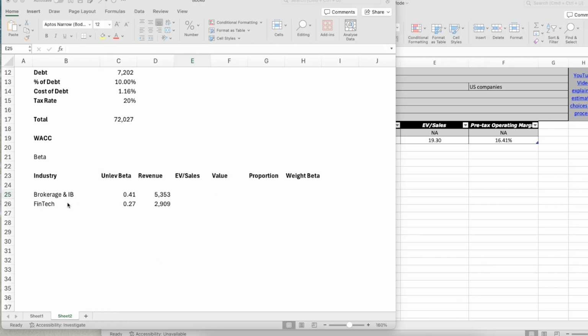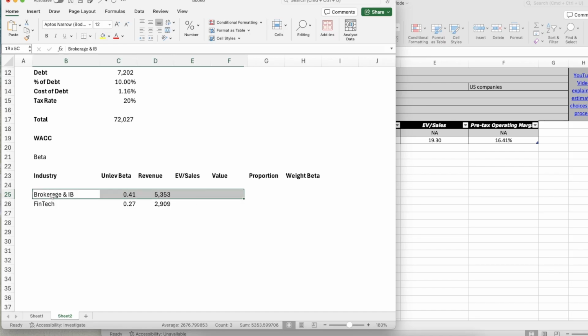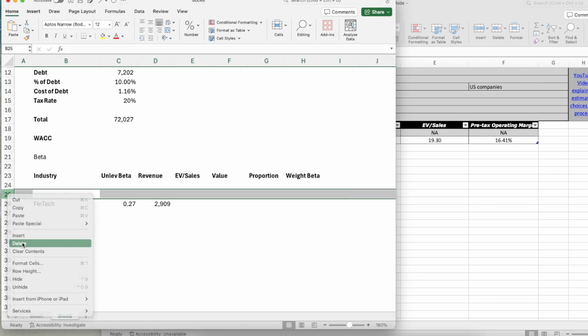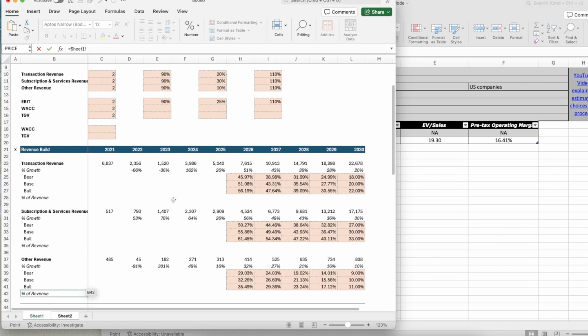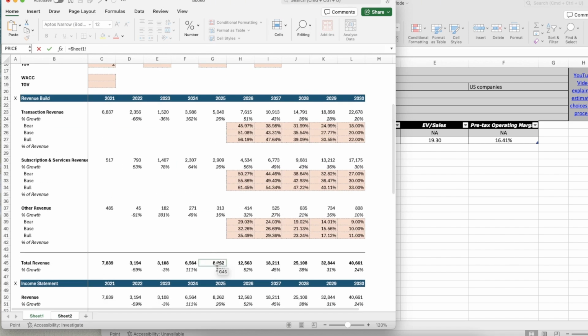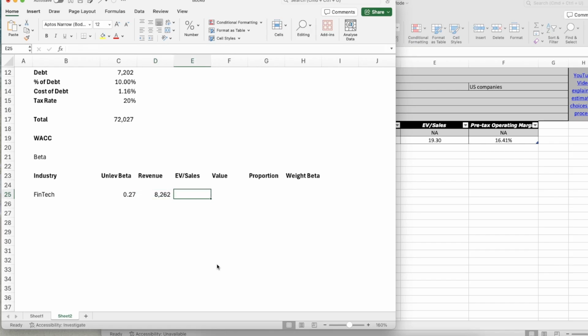It doesn't show one for brokerage. So I think what we do is let's just put everything as fintech or financial services that are not banks. Let's do that. EV to sales is 19.3.